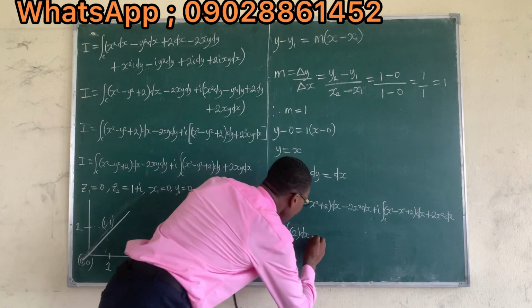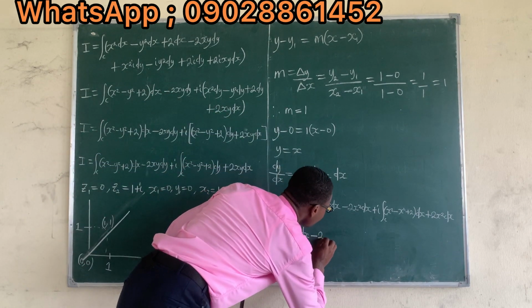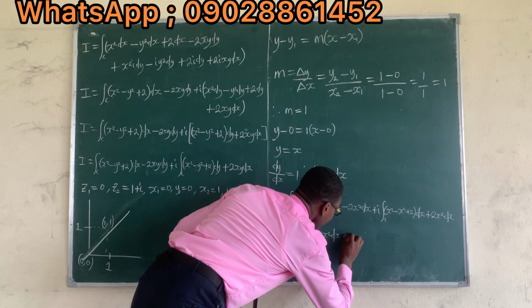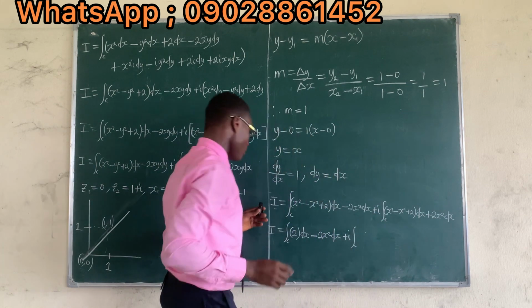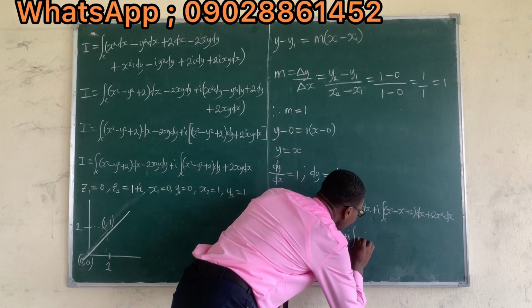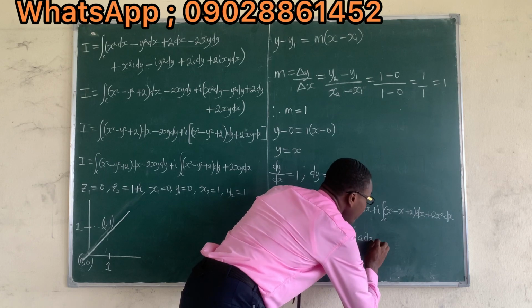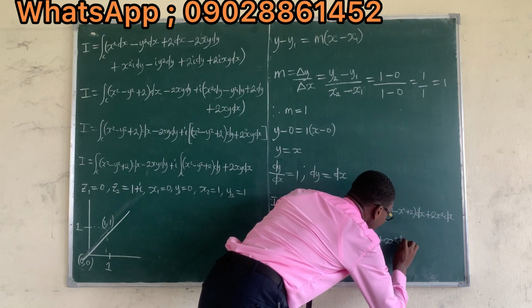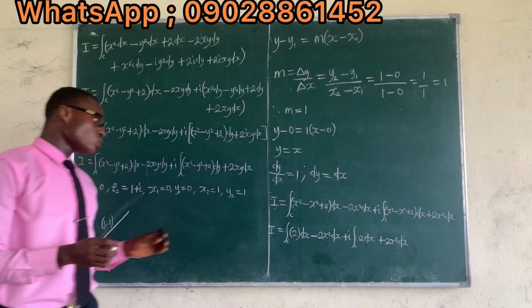So we have the integral of minus 2x squared dx for the first part, and for the second part, x squared minus x squared also goes out, so we have 2 dx plus 2x squared dx.